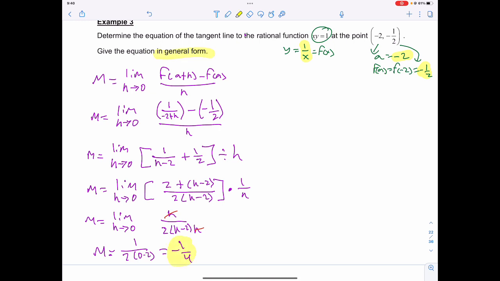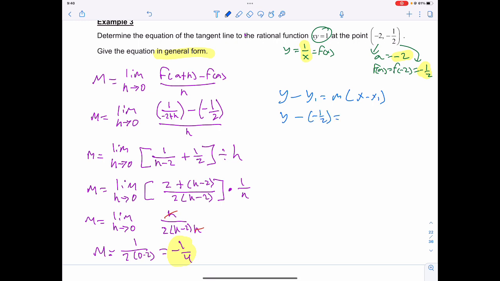Because it wants the equation in general form, the second part is I'm going to do the equation. So using y minus y1 is equal to m bracket x minus x1. I'm going to use my point of tangency, y minus -1/2.